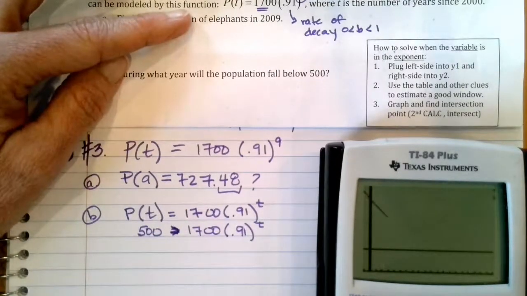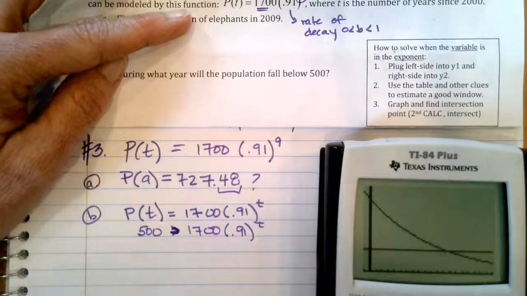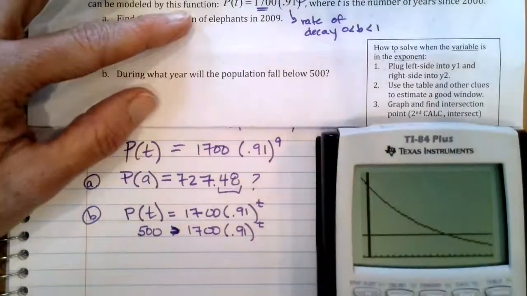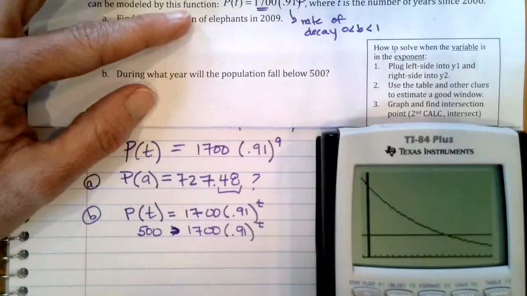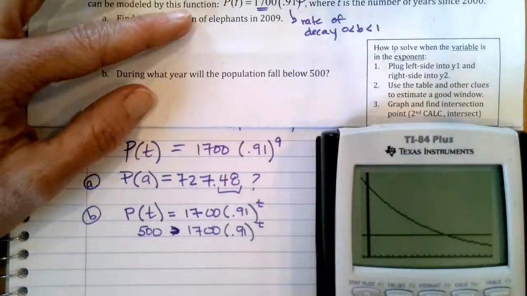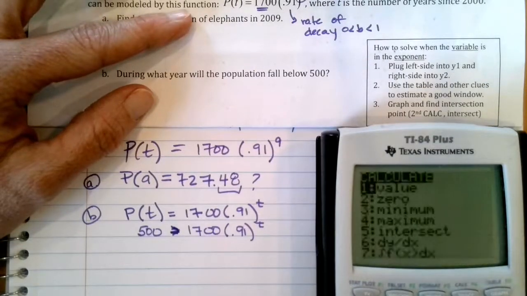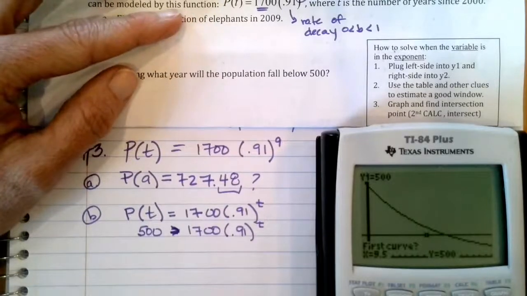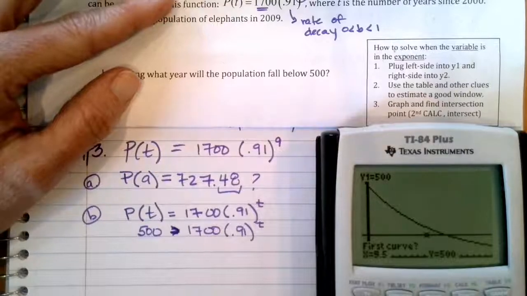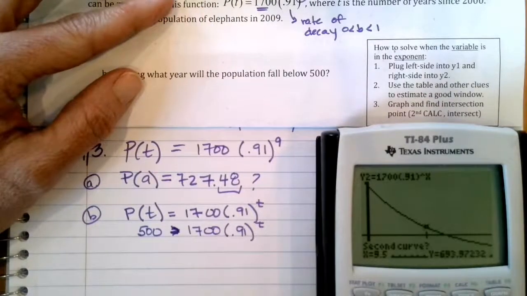There's my line at 500, and there I can see my elephant graph that is slowly decreasing. Now that I was able to change my window, I can use second calc to find the intersection of where those curves meet. There's Mr. Blinky, he's on my first curve, and he says, is this your first curve? You hit enter to say yes.